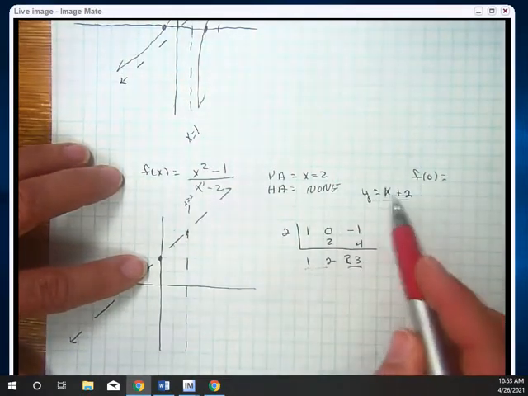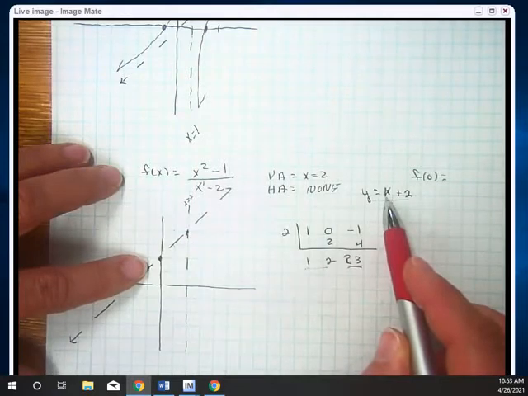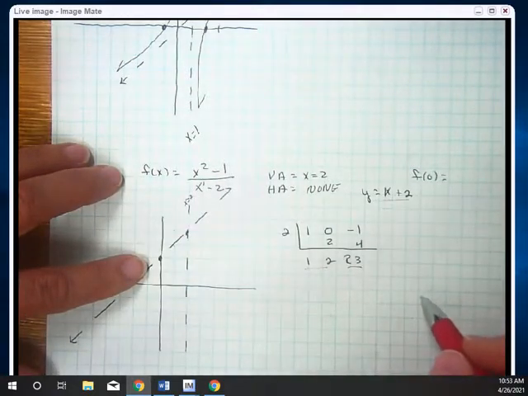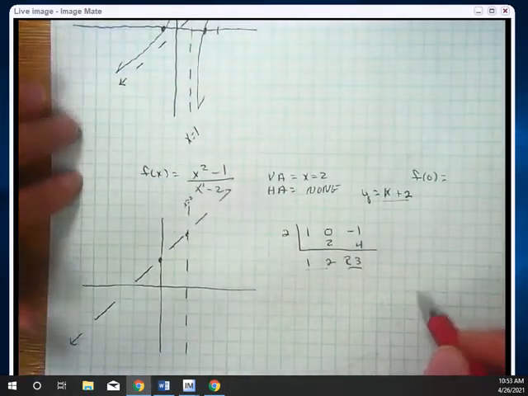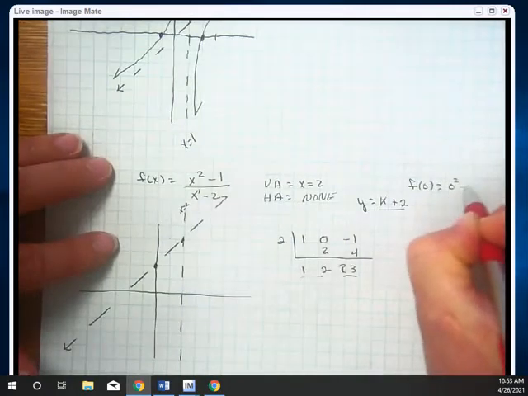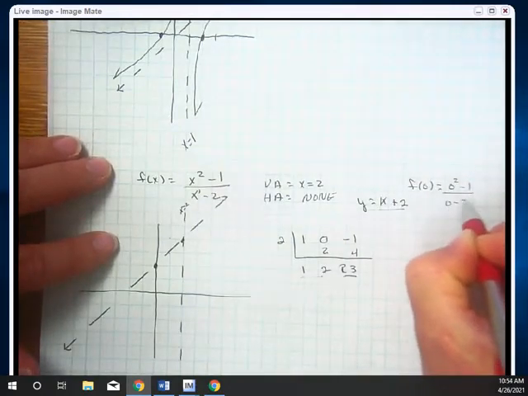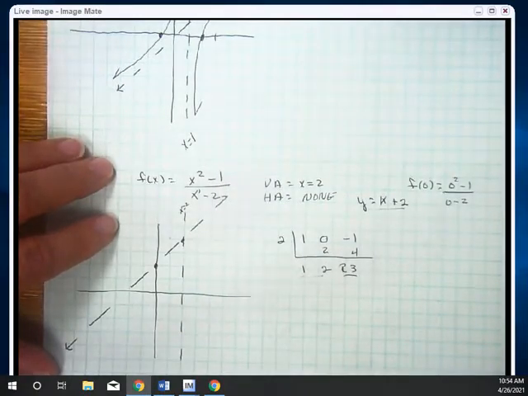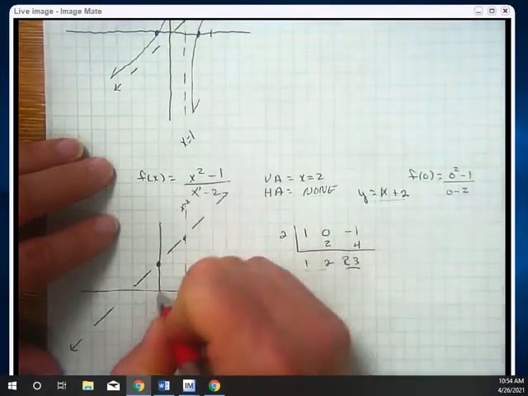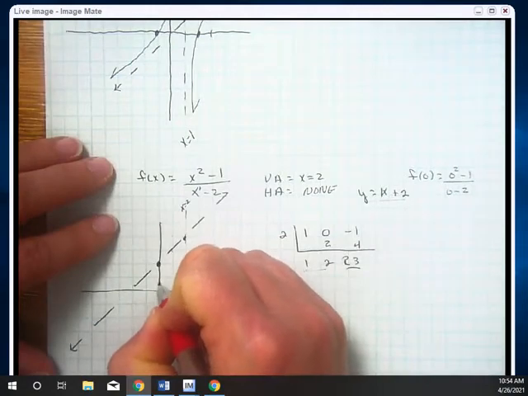Start at 2, go up 1, right 1, up 1, right 1. So what do you do with the 3? Nothing. We're not worried about the 3. It's considered minuscule. To find the y-intercept of our function, we plug a 0 in, and I'm at a positive 1/2, 0, 1/2.